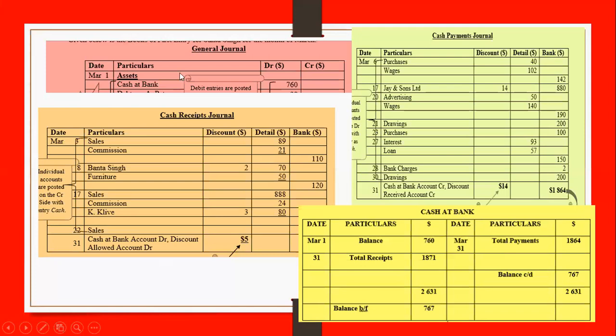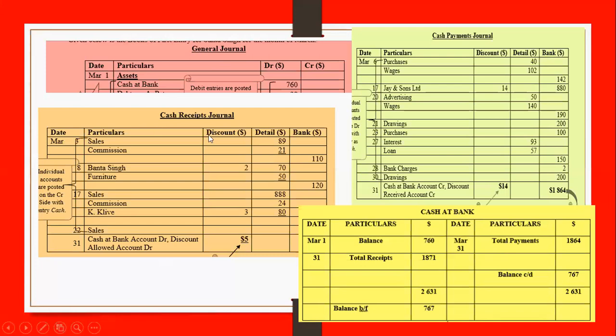Now, a general journal. Note, general journal rule, same side posting. Remember, these three journals have different rules for ledger posting. General journal, same side posting.